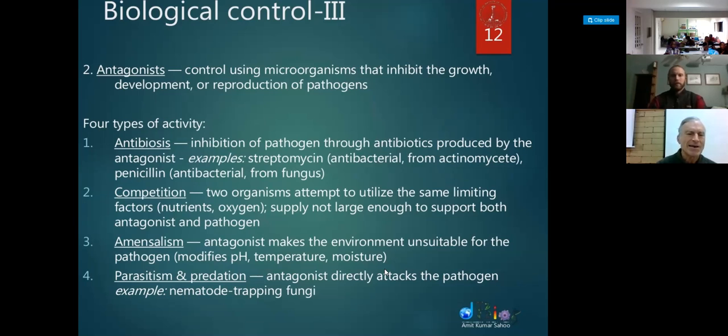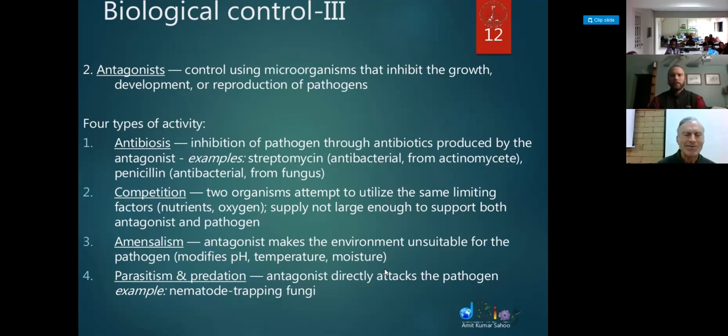Another example is competition. Another organism can compete with the disease-causing organism for food, oxygen, or space on the leaf, whatever.